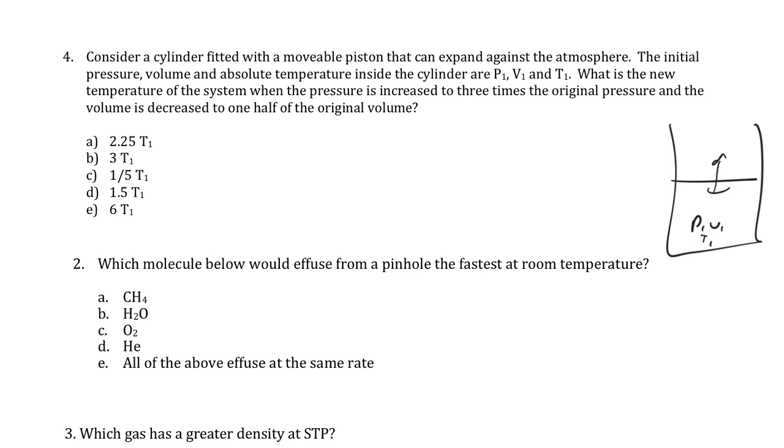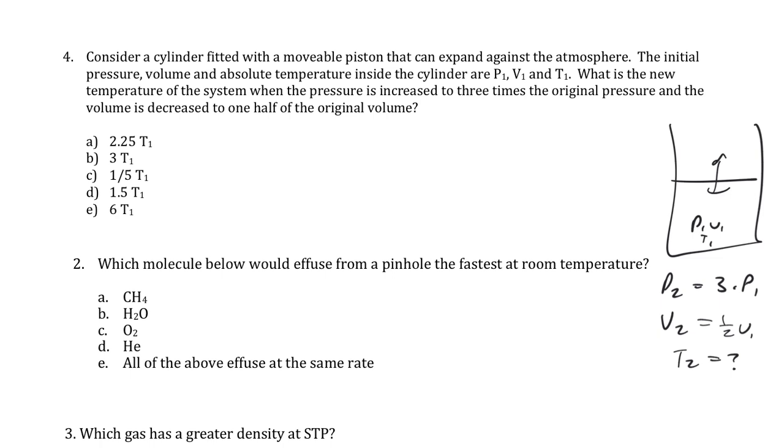What is the new temperature of the system when the pressure is increased to 3 times its initial value? So P2 is equal to 3 times P1, and the volume is decreased to half its original value, which is V2 equals 1/2 V1. So the question is, what is T2 equal to?